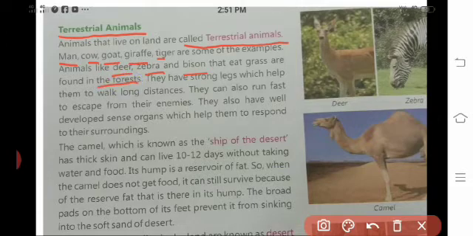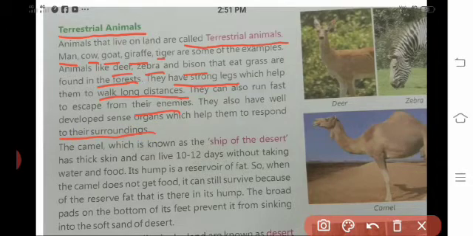Those animals live in the forests. They have strong legs which help them to walk long distances. They can also run fast to escape from enemies. They also have well developed sense organs which help them to respond to their surroundings.